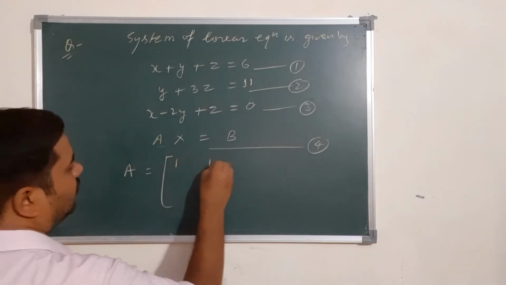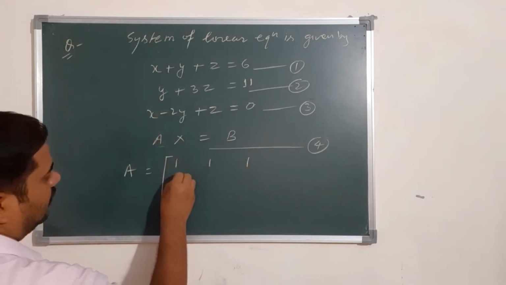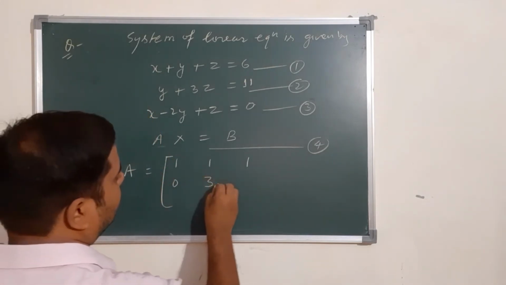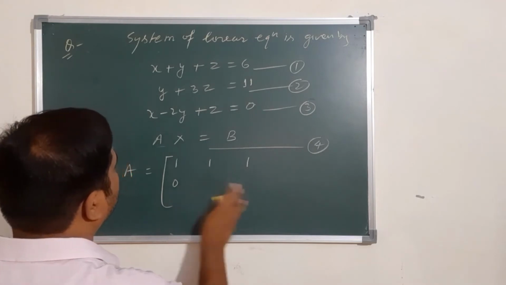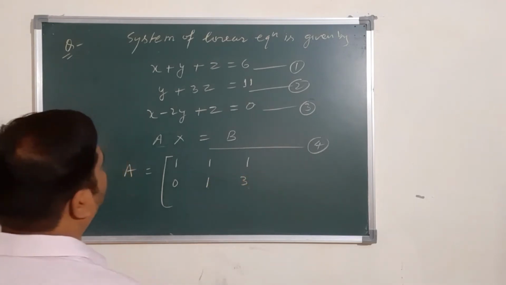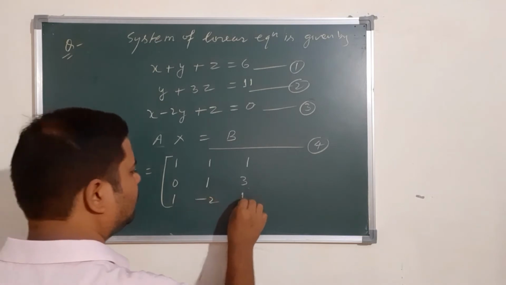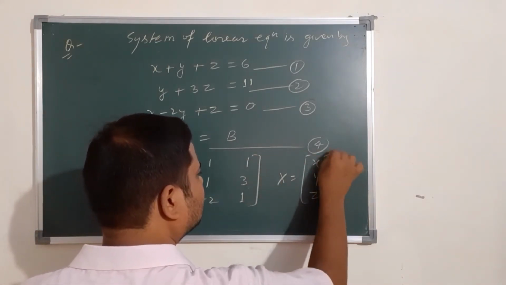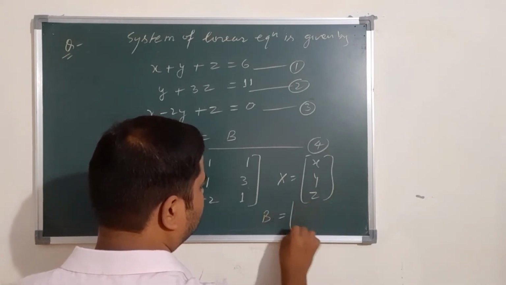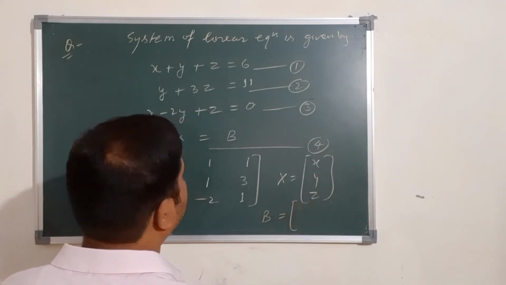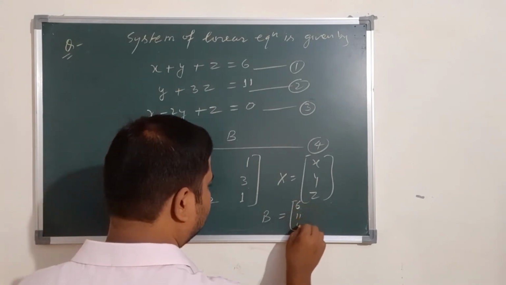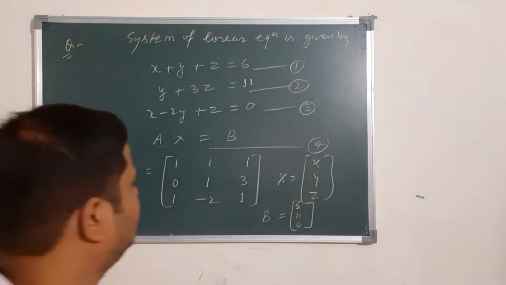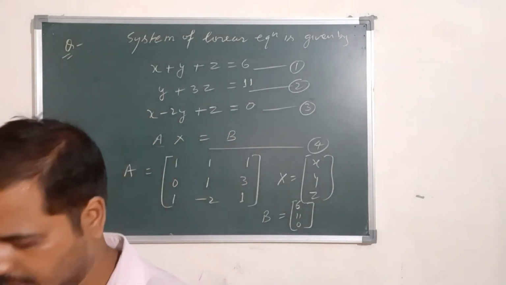So this is 1, 1, 1; 0, because the coefficient of x is not present here, 0, 1, 3; and 1, minus 2, 1. And x is equal to x, y, z, and B is equal to d1, d2, d3, that means 6, 11, and 0. So this is the matrix equation Ax is equal to B.